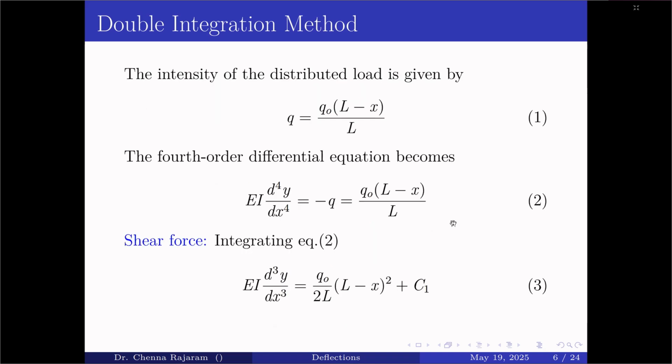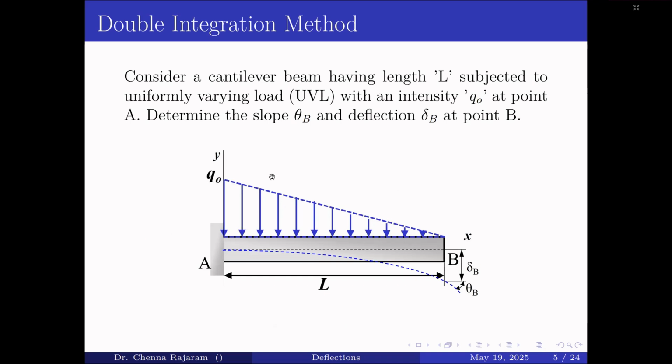Now, from that, using the similar triangle principle, we get q is equal to q naught into L minus x by L. So how do we get this? You take a distance x somewhere here, and using the similar triangle principle, q naught divided by L is equal to q divided by L minus x.